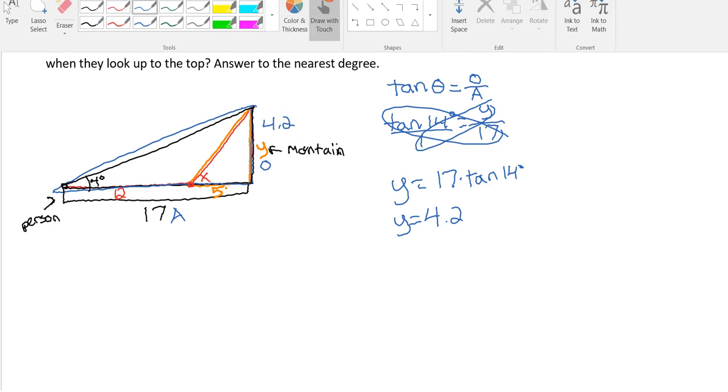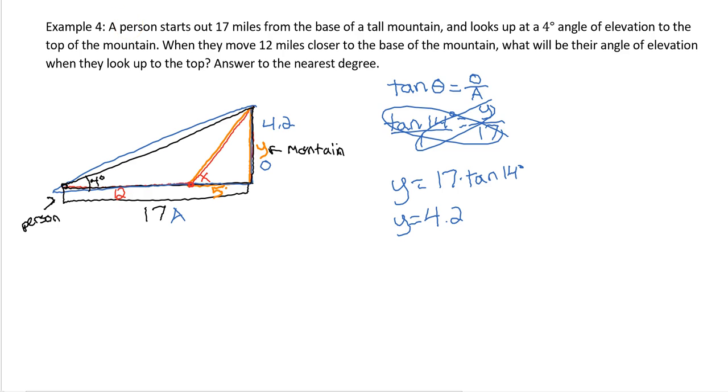Now that I know that, I can do the same problem we just did before. Now I can figure out this angle. That's still the opposite side, and then I have that adjacent side. So tangent of theta equals opposite over adjacent. Tangent of x equals, opposite side is 4.2 over 5.